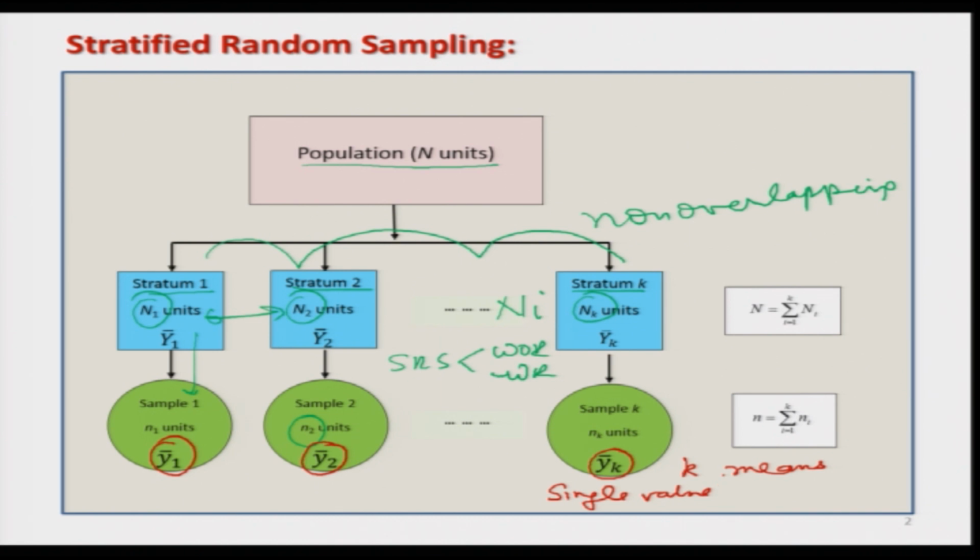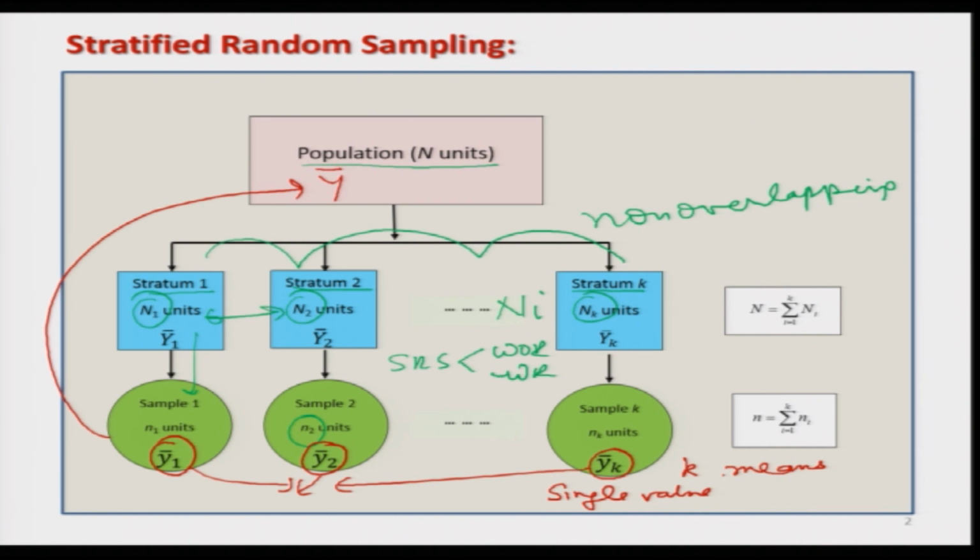That means you want to combine y1 bar, y2 bar, yk bar in such a way that their combination gives you a good estimator of the population mean which exists somewhere here.